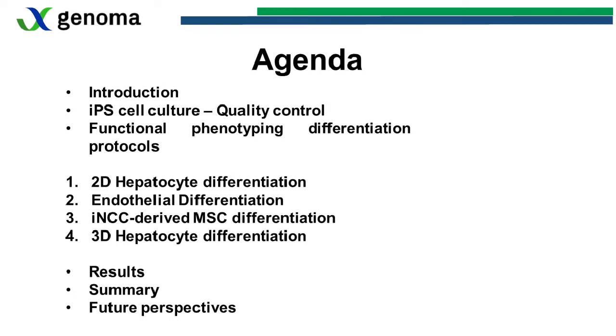So I'm going to show you how to functionally phenotype hepatocytes using 2D differentiation, also endothelial cells and mesenchymal cells. And finally, I'm going to show you how we derive this differentiation protocol for 3D hepatic differentiation, and a little bit of the results and future perspective on the liver tissue engineering field.